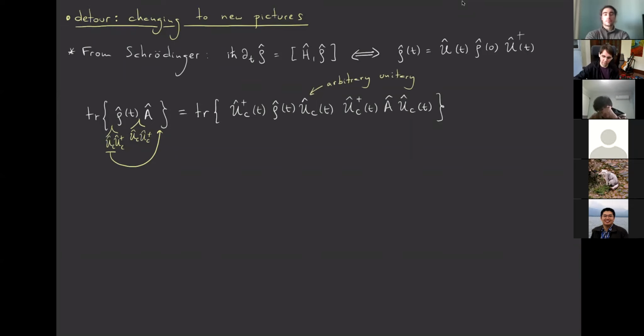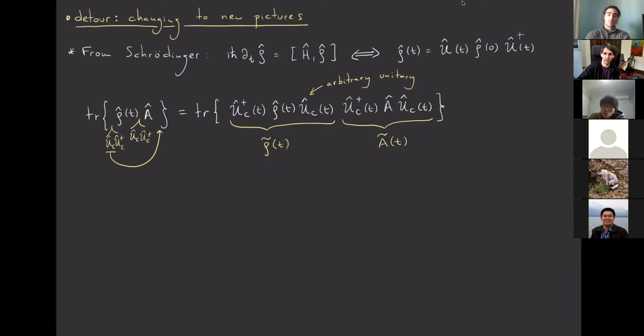So whatever you want. But then I can see this and this as a new state that I will call rho with a tilde. And this is a new operator that depends on time. That defines a new picture, a new way of looking at how the state evolves.